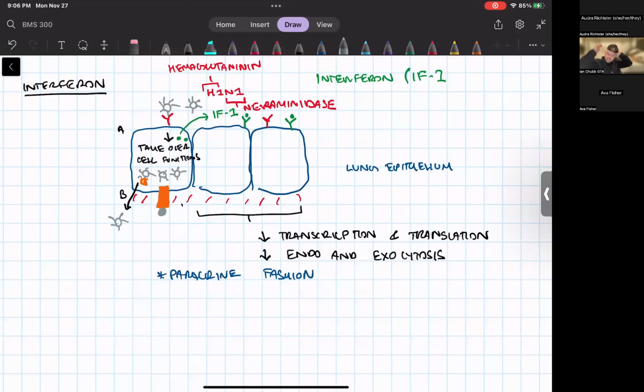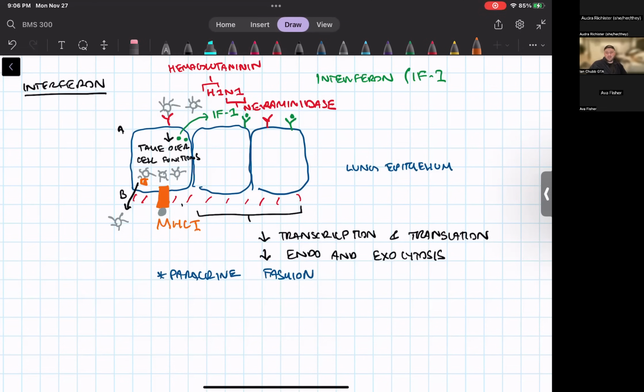What type of MHC would I put on this lung epithelium? Is it MHC1 or MHC2? Perfect, 1. So MHC1 is always located on any nucleated cell. So it doesn't have to just be an antigen presenting cell like a macrophage.